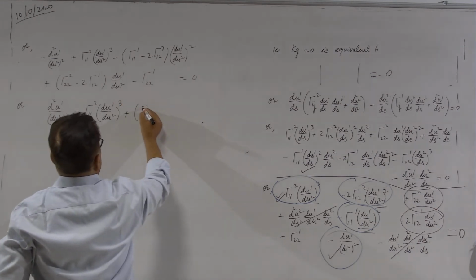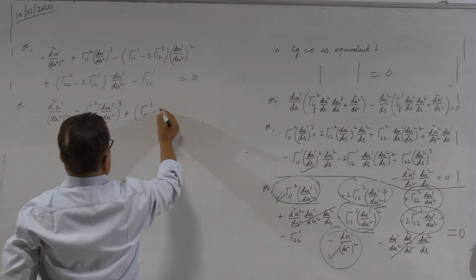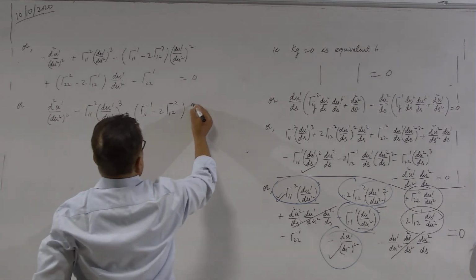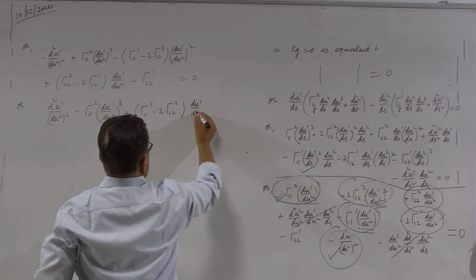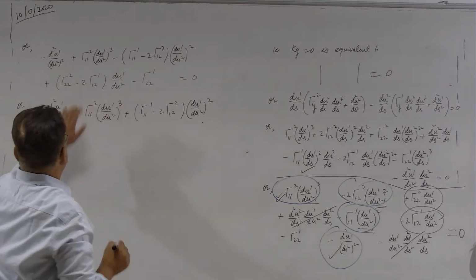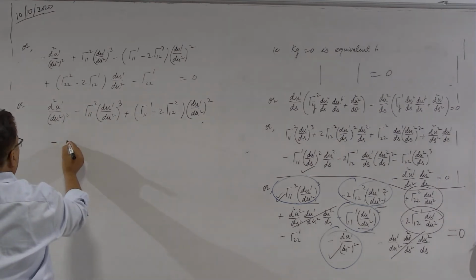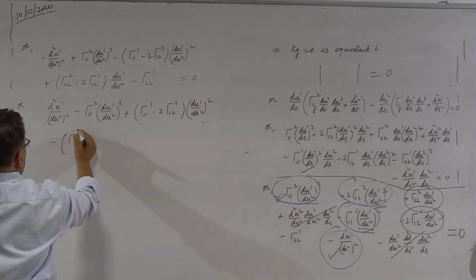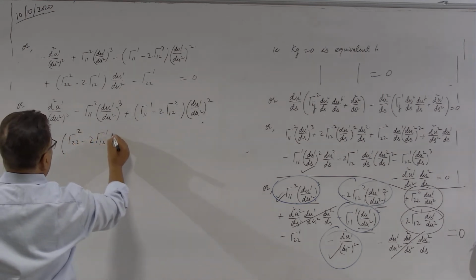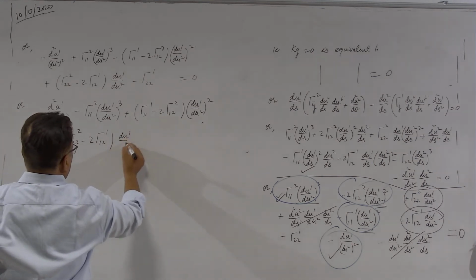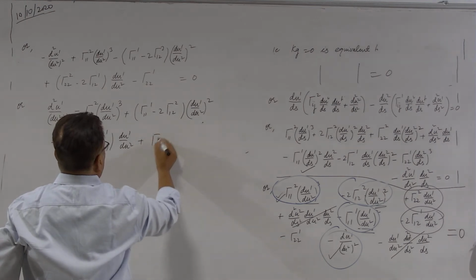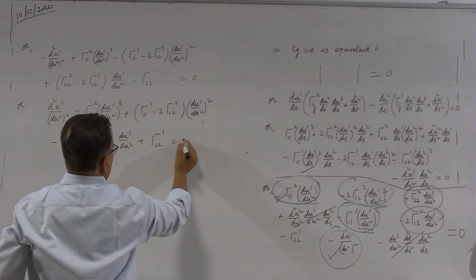So this is 1 1 1 minus 2 1 2 du1 upon du2 whole square, and then the second last is 2 2 2 minus 2 times 1 1 2 du1 over du2, and then plus 1 2 2 equal to 0.